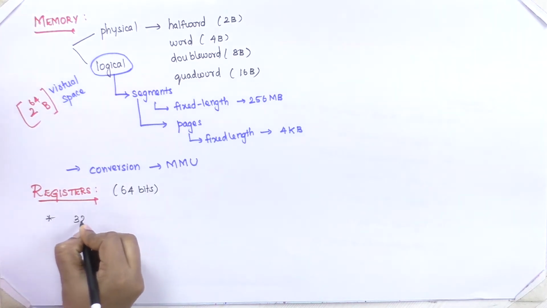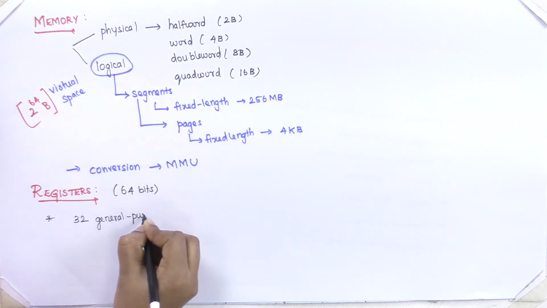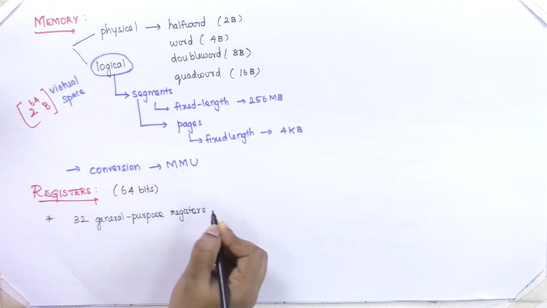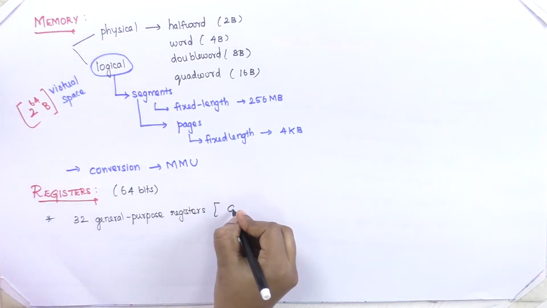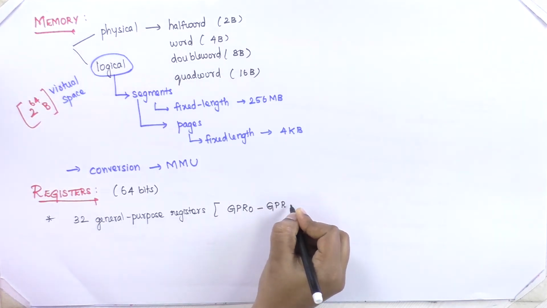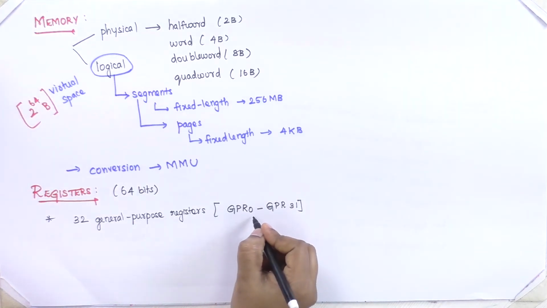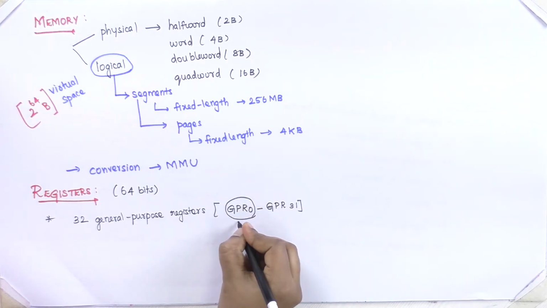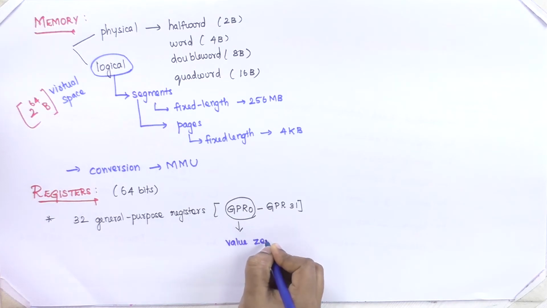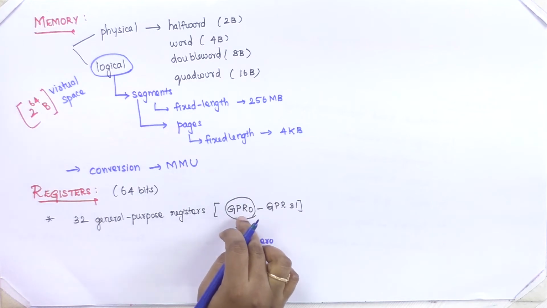There are 32 general purpose registers, GPR0 to GPR31. Always the register GPR0 will contain the value 0. So the value 0 is always stored inside the 0th register, that is GPR0.